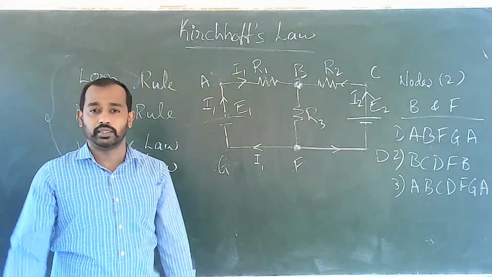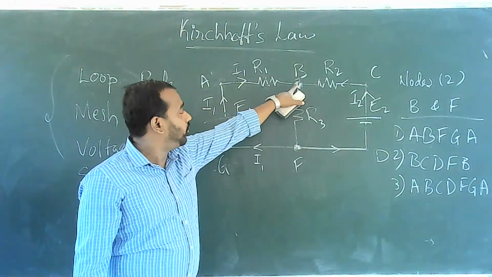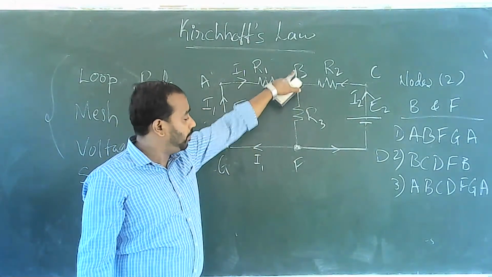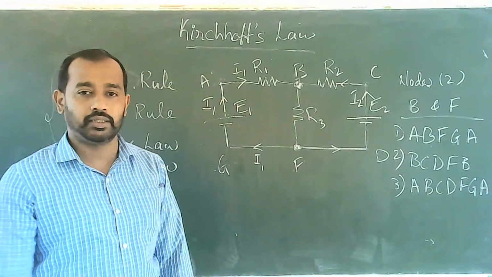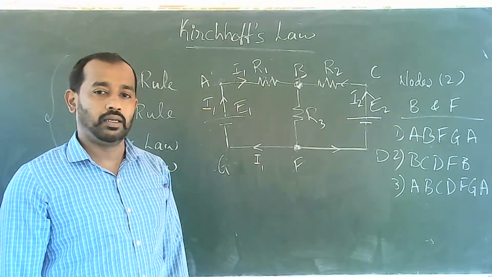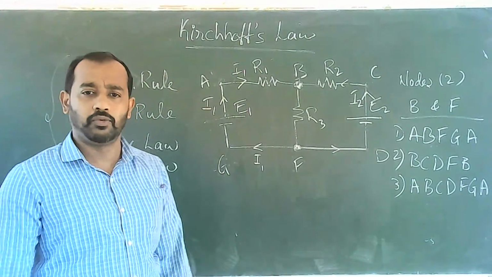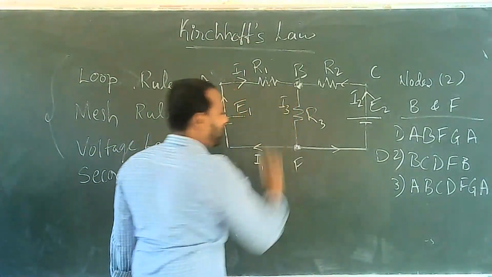We have represented two currents, I1 and I2. But what about the current flowing between the two nodes, from B to F or F to B? It should not be the same as I1 and I2. It is a different path, so the current should be represented as I3.